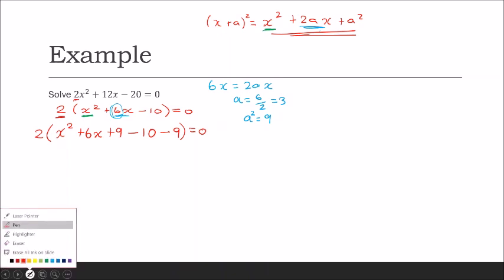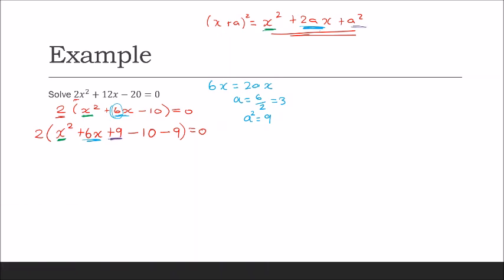So then, one more time, x squared, my 2a and my 6x, and then my very last one, I have my plus 9, which is my a squared. All of that I'll put together, and this is going to give me 2 lots of (x plus 3) squared.